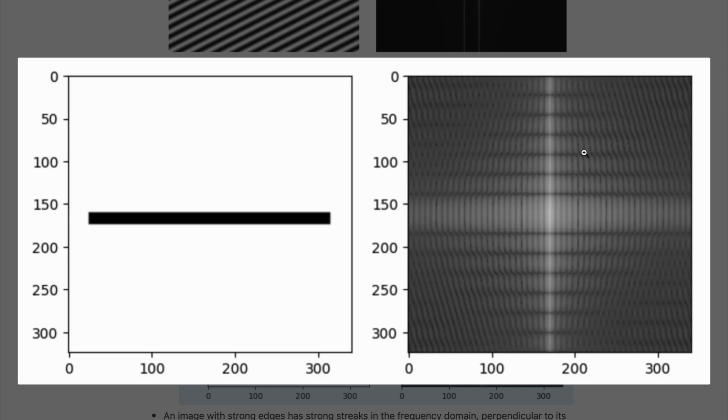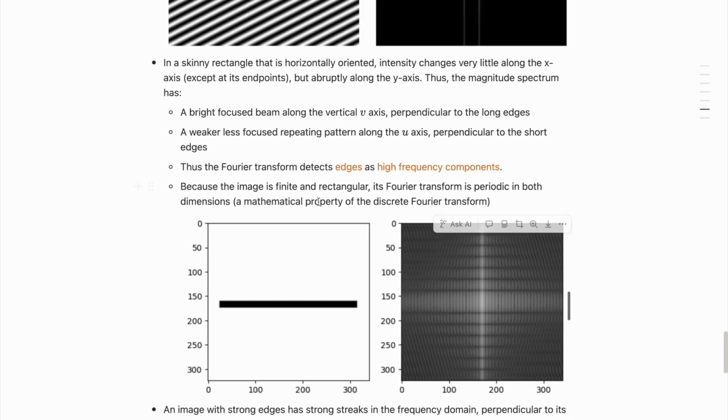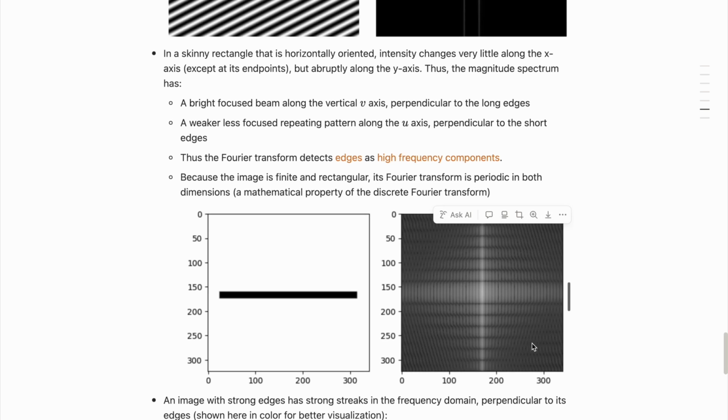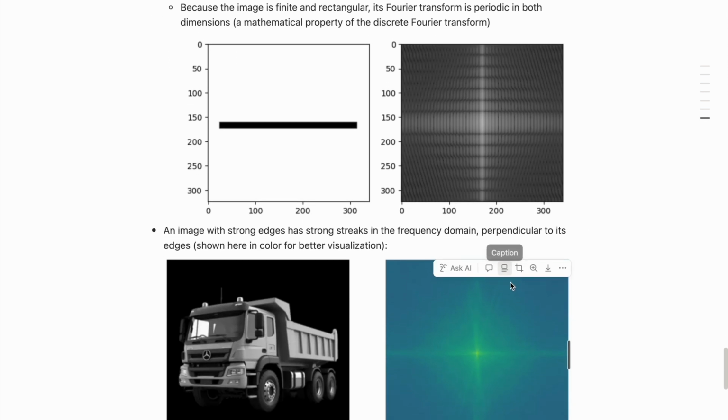But you also see a lot of ripples in this image, and this is a special case because this image is considered to be finite and rectangular, so because of the mathematics of the Fourier transform, it creates these periodic patterns both in the horizontal and vertical dimension, which we don't need to really think about very much.